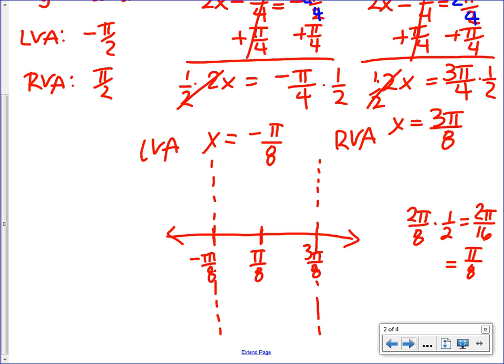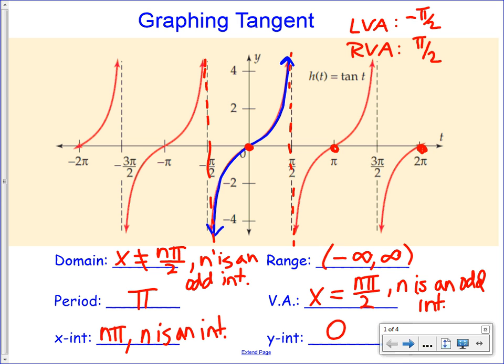Now, we're going to sketch the graph of tangent. So, remember that one period of tangent looks like this. This is the basic shape of the graph, okay? This is also where we need to think about A. A is a vertical stretch or compression. And if A is negative, it's going to reflect the graph over the x-axis, okay?